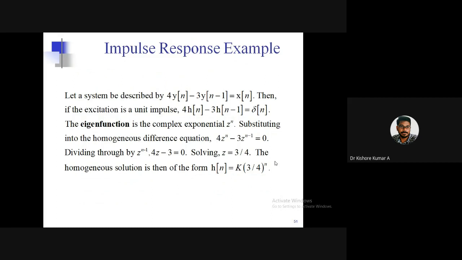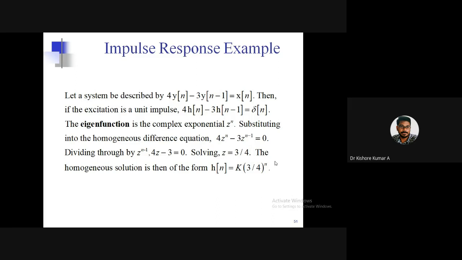This is the example. Again, a particular system can be described by this equation, say 4y of n minus 3y of n minus 1 is equal to x of n. Then we take the excitation as a unit impulse, that is 4h of n minus 3h of n minus 1 is equal to delta of n.